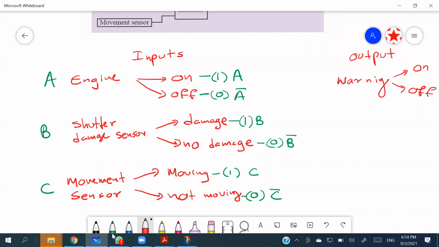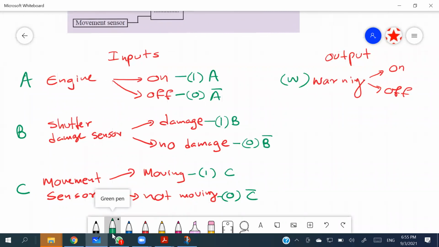So if you take warning indicated by W, on will indicate 1, which is W, and off indicates 0, which is W bar. Okay, people, is that clear?